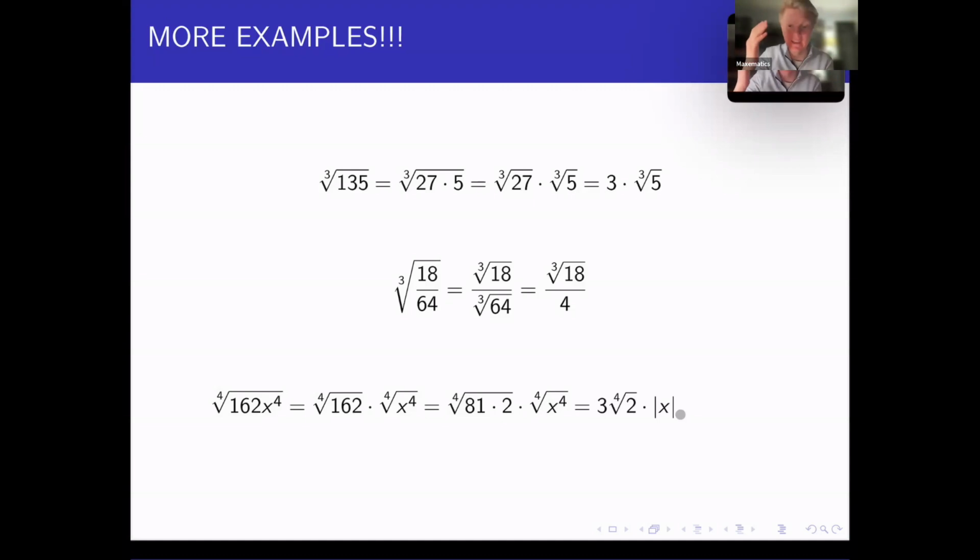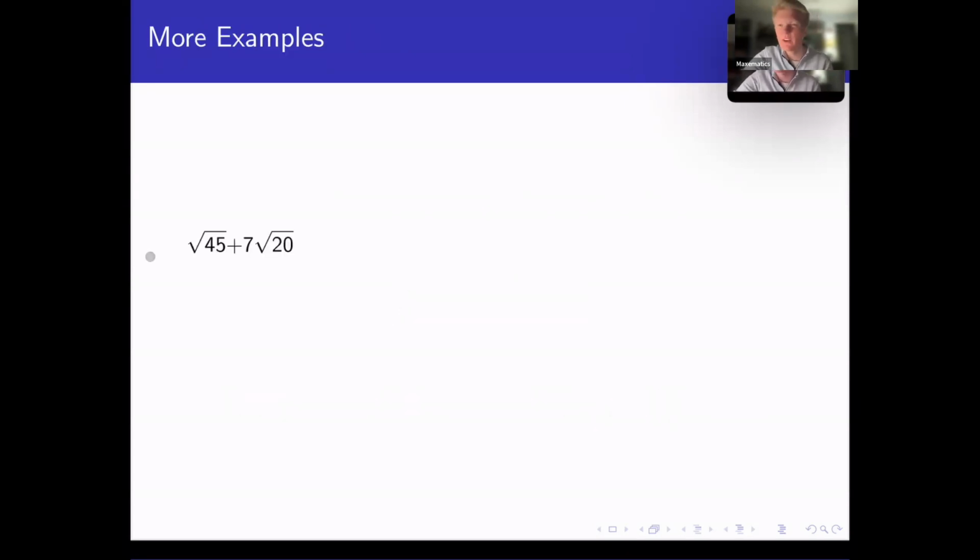Again, even roots with matching even powers create absolute values. Odd roots with matching odd powers do not do this. Okay. And again, we like writing our absolute values outside of the root, to the left of the root.